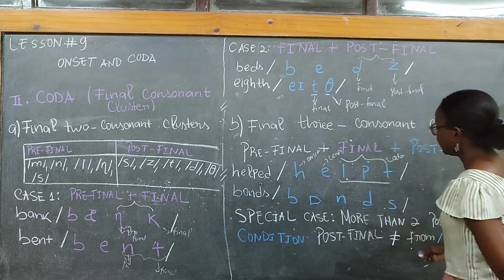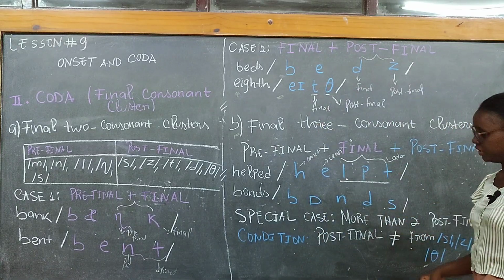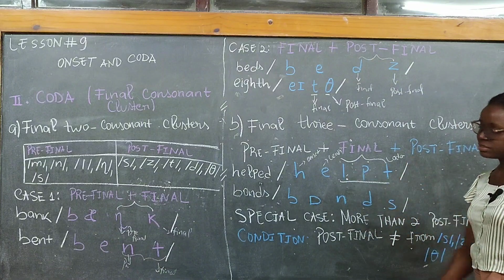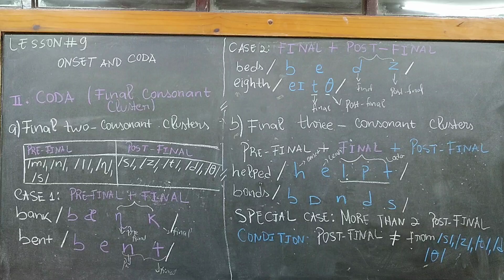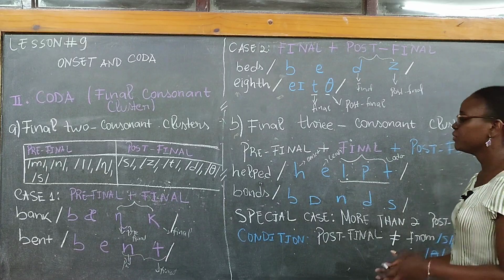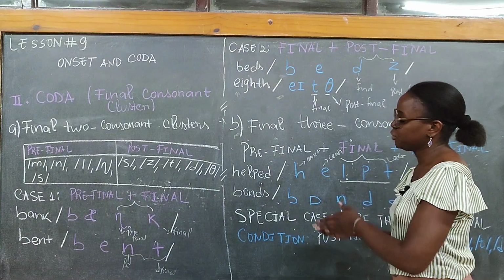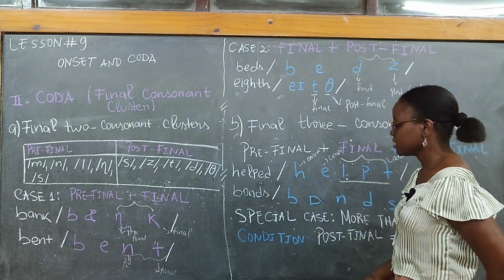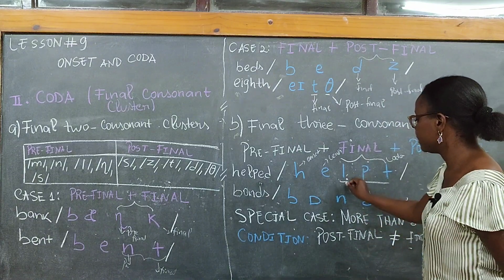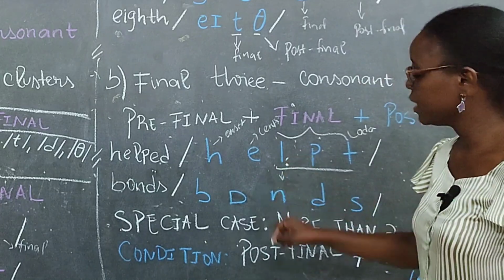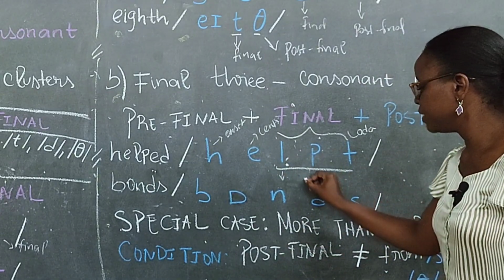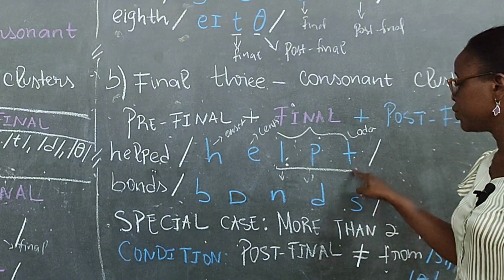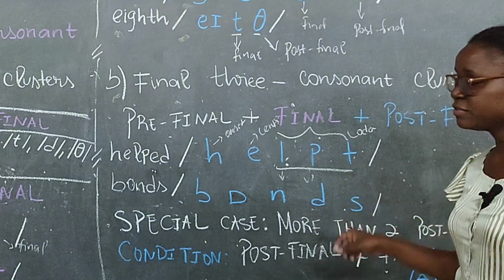Now, in our coda, we have a combination of three, la, pa, and t. Now, according to what we have already seen, and according to that list that we made up previously, we know that la is a pre-final, pa is going to be our final consonant, and t, lastly, is going to be the post-final.